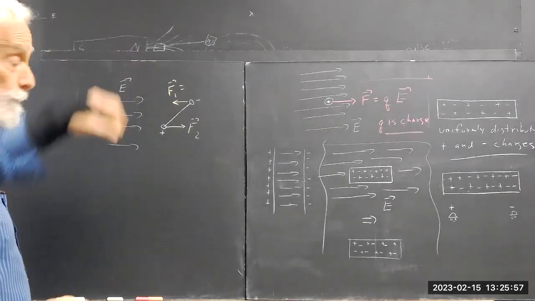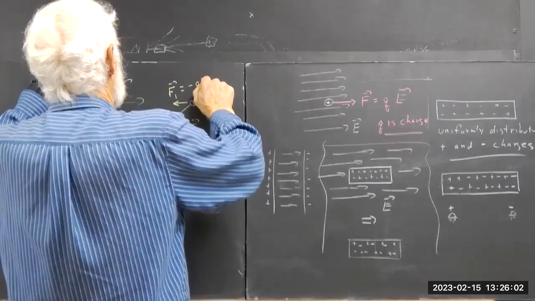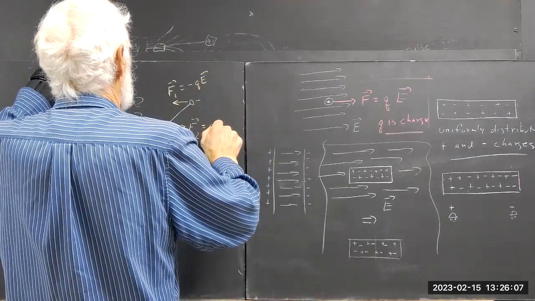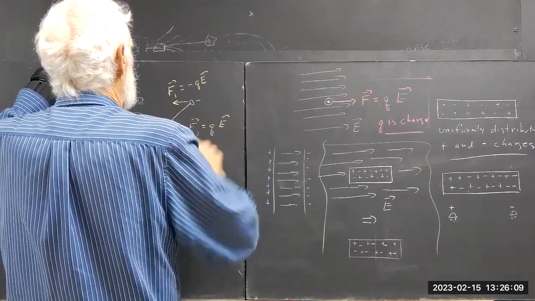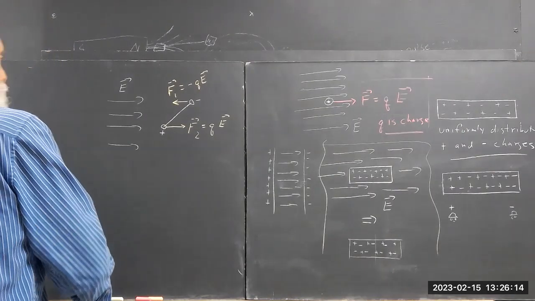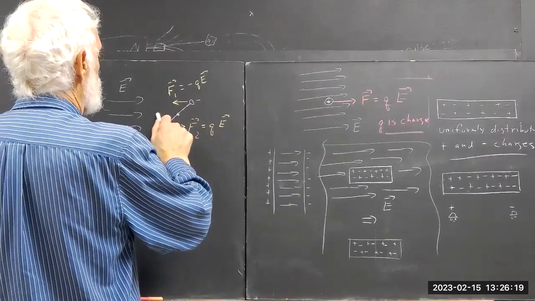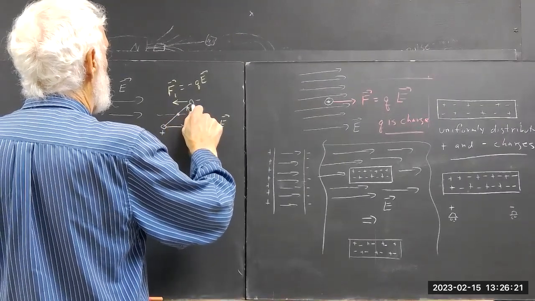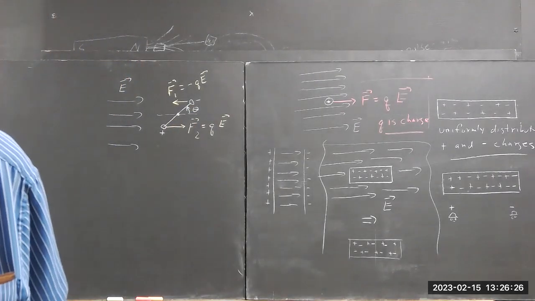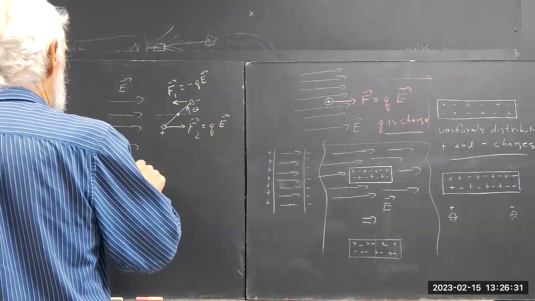Okay, so we'll just say that's negative QE, and this is QE. Let's say that this thing is at some angle, some angle theta. Then what's the torque?